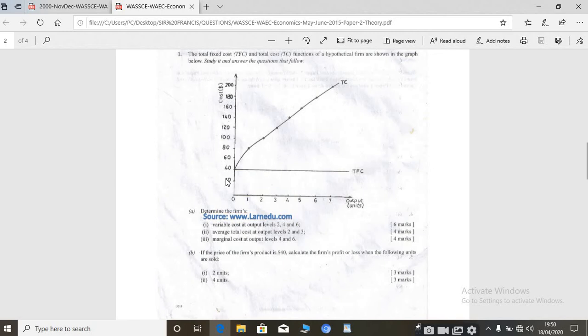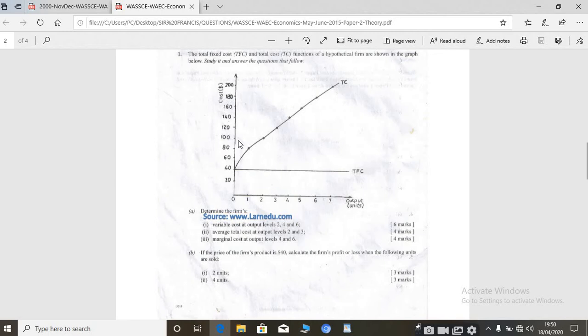If you trace from the quantity to the total cost section, you are going to get the total cost at that point. So let's trace it together. From Q2 we trace it up to the total cost curve. When you touch the total cost curve, then you trace it to the cost section of it.